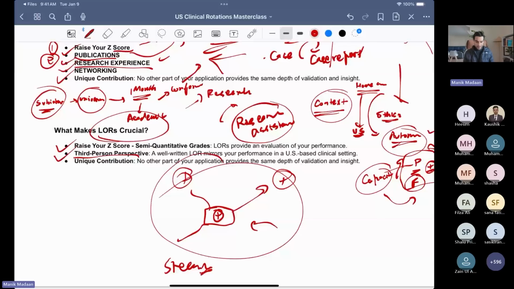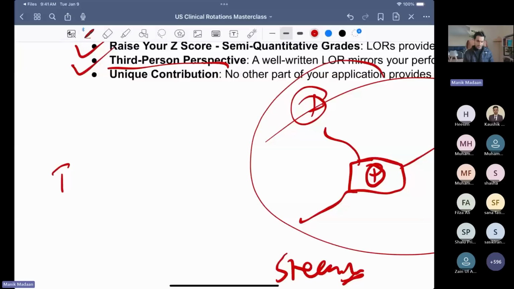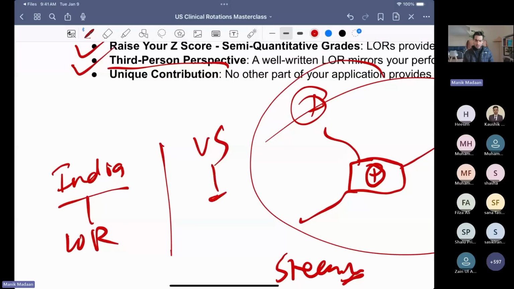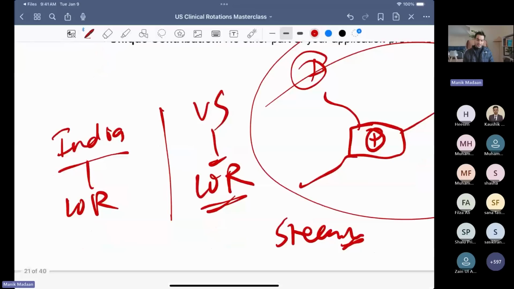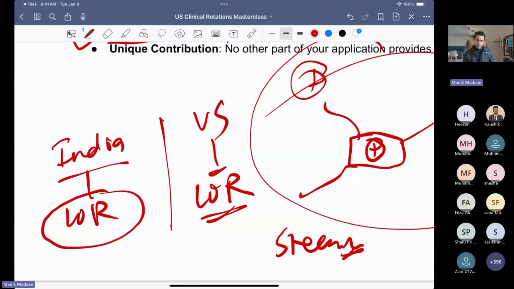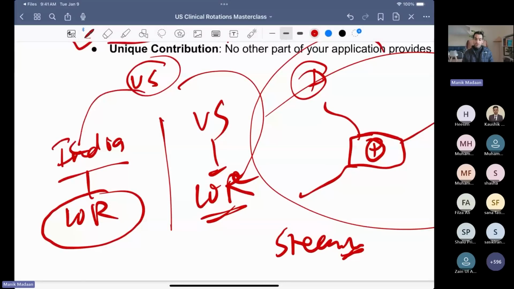For example, if I'm from India and my professor gives me a LOR versus if I'm from the US and you give me a LOR, it's very hard to, first of all, judge, like if I'm a US based attending or a program director, I'm going to trust this more than this, right? Because you as a US based attending know the US system and I can trust your assessment in the way you write, right? Because there's a common language there.